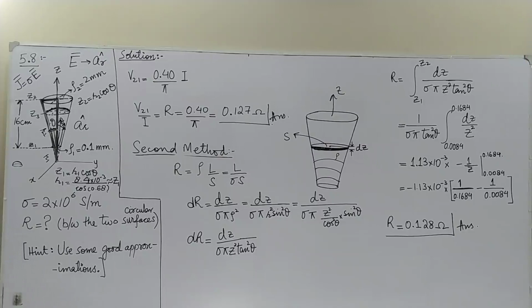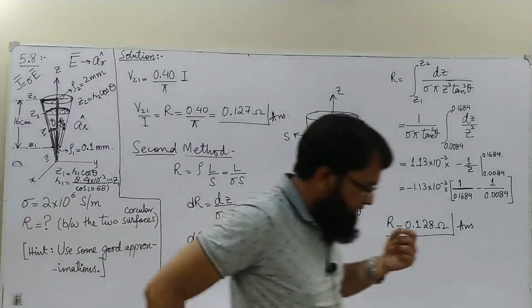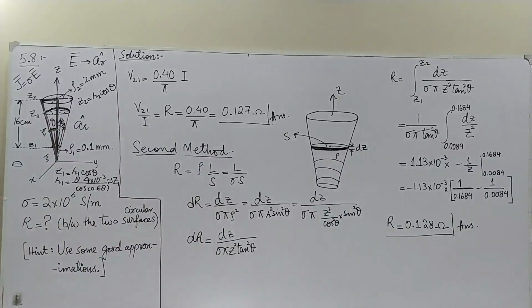If you take this course as an interesting thing to learn, then you will appreciate these kinds of examples, and you'll be able to appreciate other examples or any research paper involving some weird form of conductor being solved for its resistance or fields.